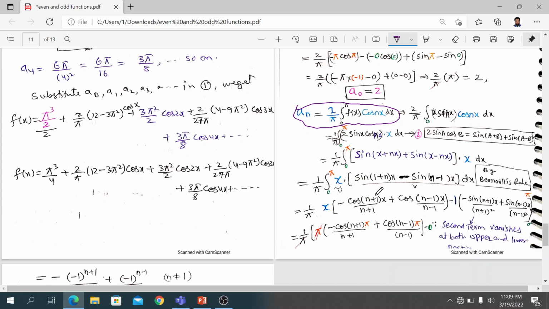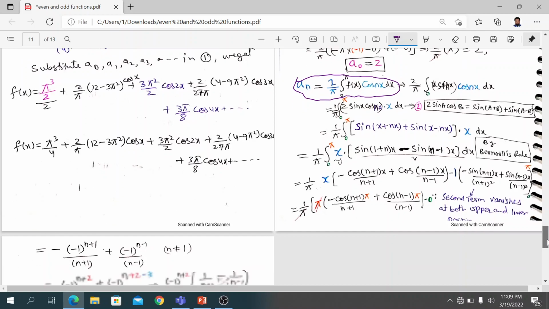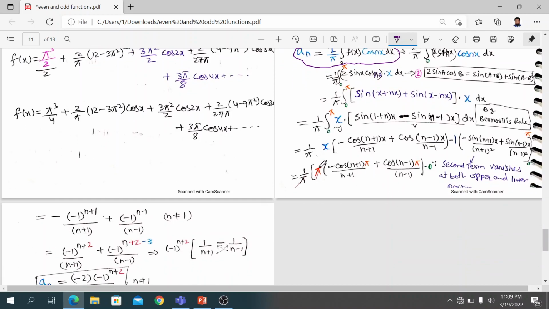So when we apply the limits, all sine values will vanish, this and this are 0, only minus cos n plus 1 pi remains, and this is pi. So this pi and the outside pi cancel, and this is minus cos n plus 1 pi by n plus 1.